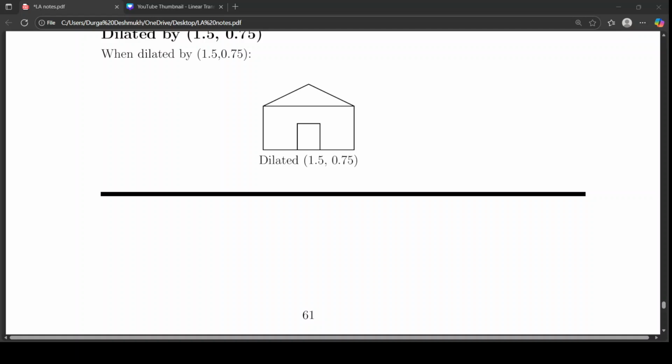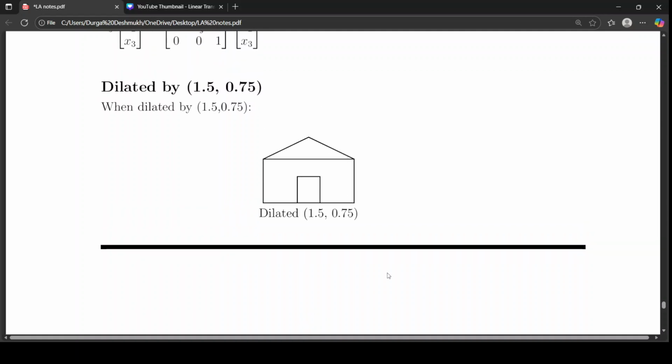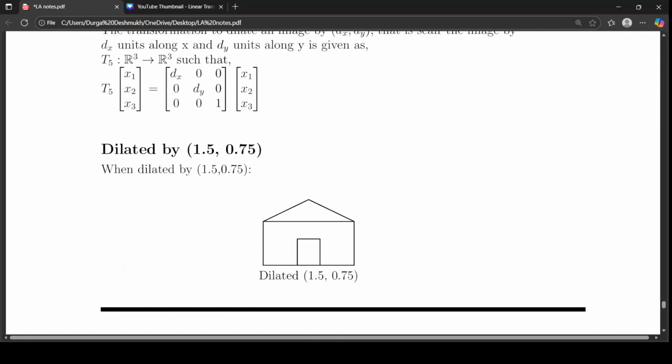To find these kinds of transformations, we need to draw a rough sketch of the input and output, like what we want as output. Then consider the standard basis elements, and find the image of each input element with respect to the rough diagram.